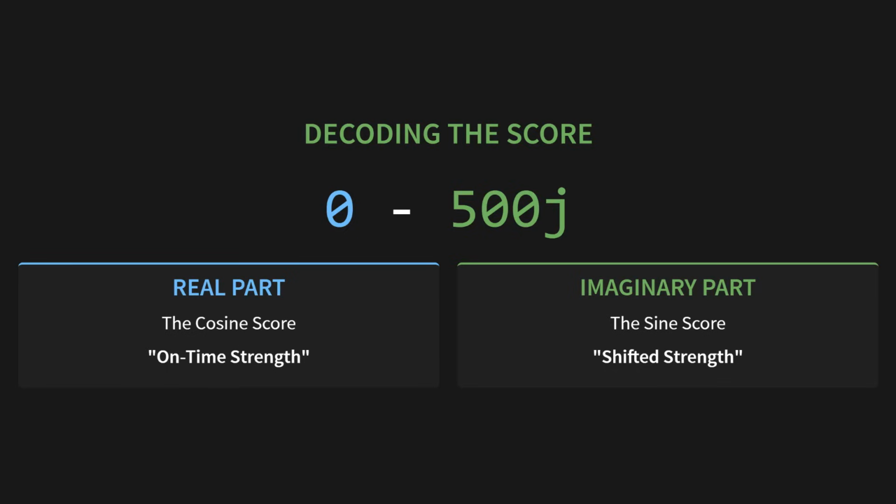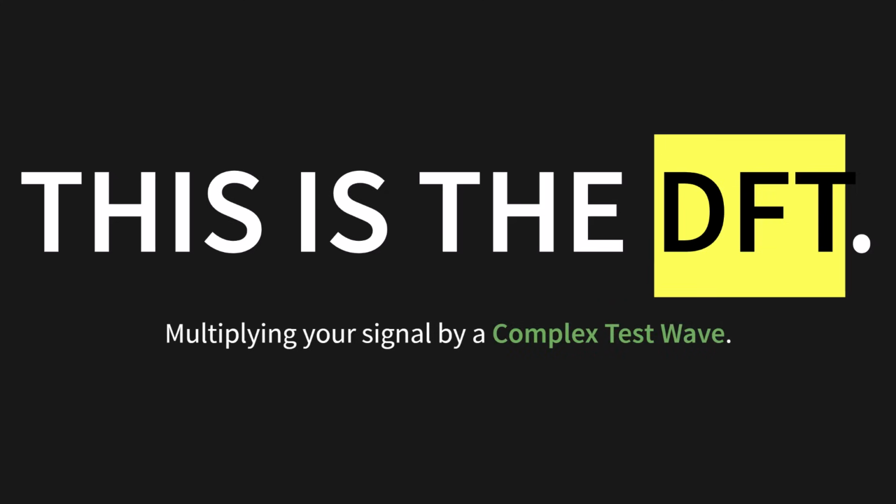It tells us there is 0 correlation with an on-time cosine wave, but a very strong correlation with a shifted sine wave. And what we have just built, this elegant, powerful, phase-proof detector, this is the discrete Fourier Transform, the DFT. It is nothing more and nothing less than multiplying your signal by a complex test wave.